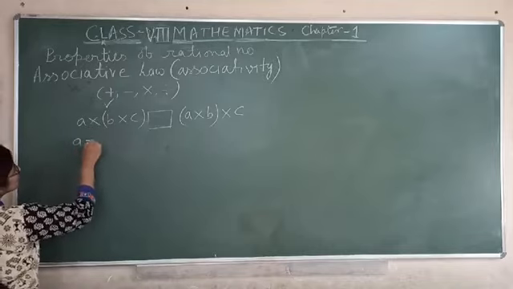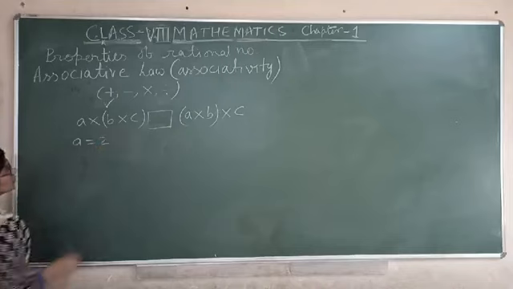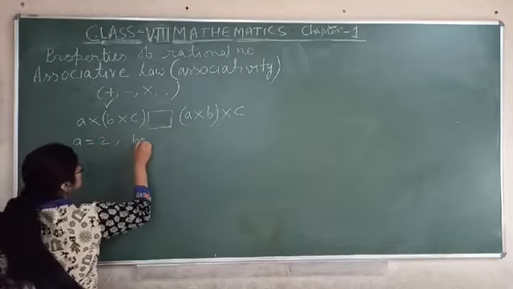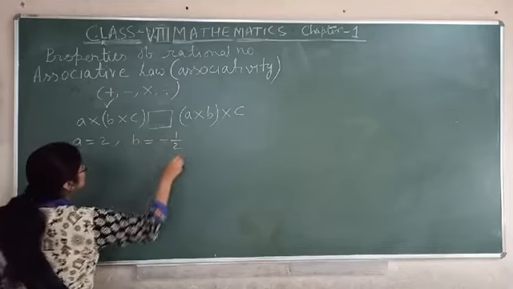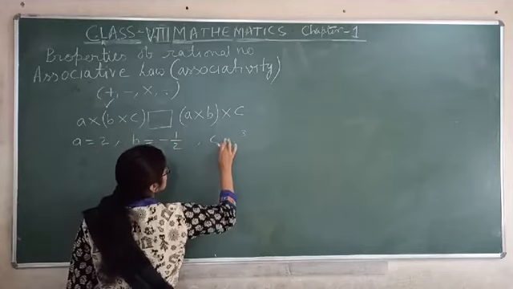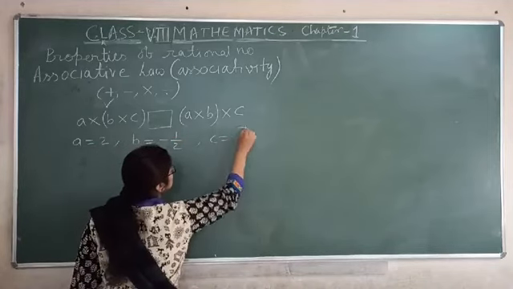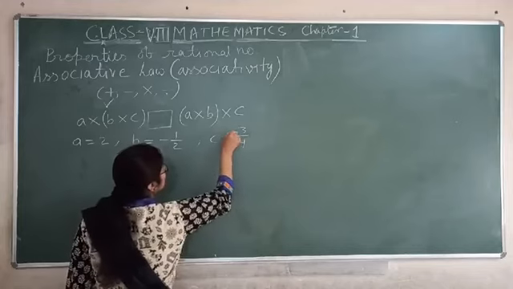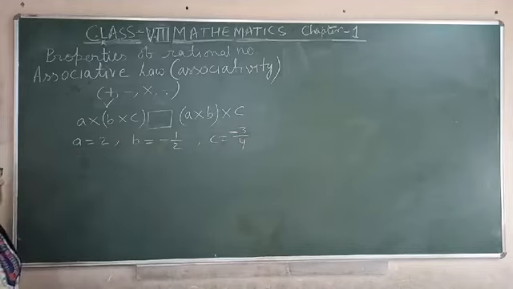A equals 2, B equals 1 by 2, and C equals, I am taking, minus 3 by 4. Okay.